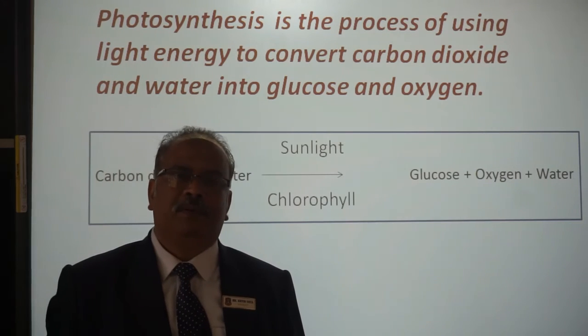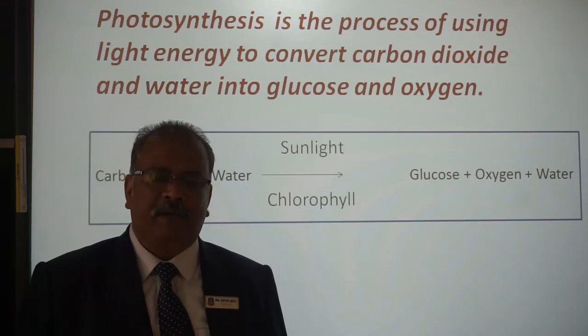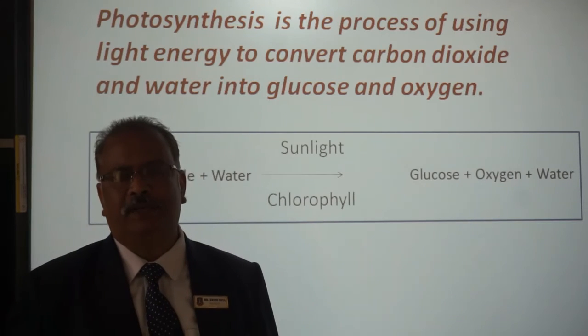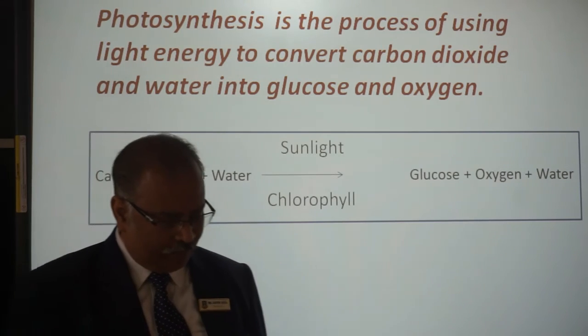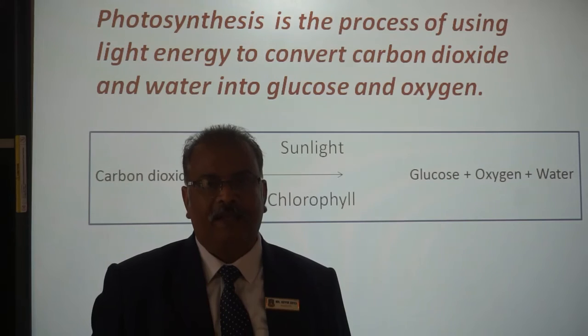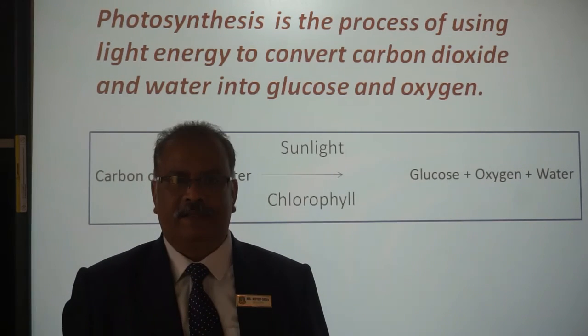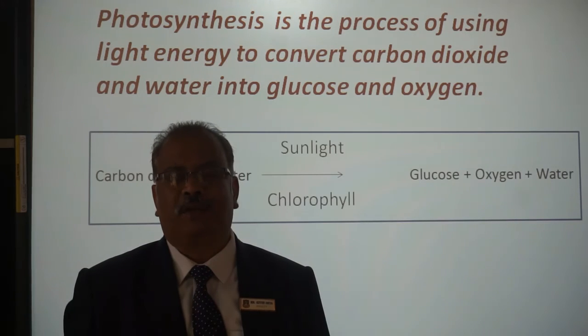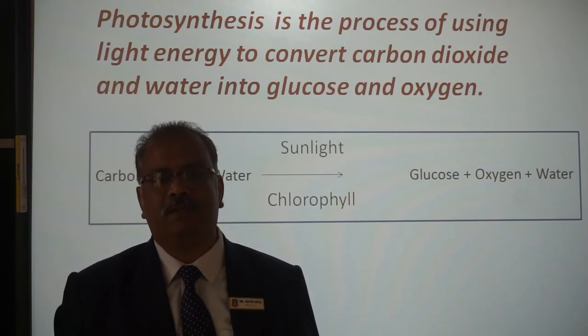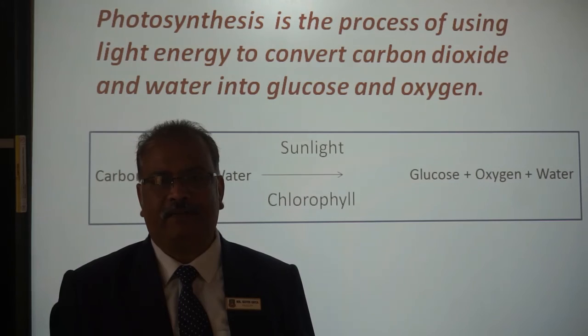I will be giving you a very simple assignment, only 2 questions. The first one, define photosynthesis. It is there in the book. You can take simpler definitions from net or elsewhere.